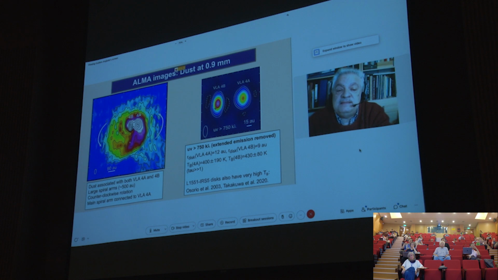Another interesting thing is that the shape of the spiral arms shows that the rotation of the system, as observed from Earth, is counterclockwise.